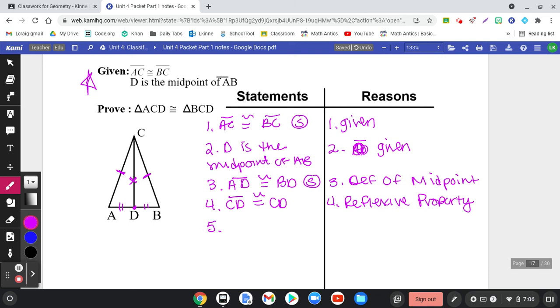And what we have is 2 congruent triangles by side, side, side. So that was that second one that we talked about. Triangle ACD is congruent to triangle BCD. And that's because all 3 sides of one triangle are congruent to all 3 sides of the other.